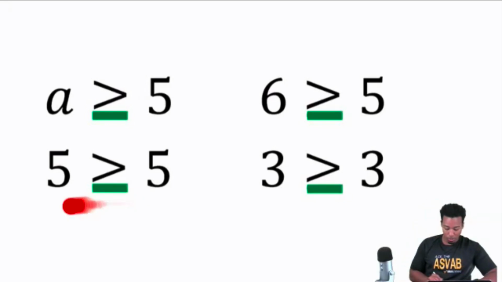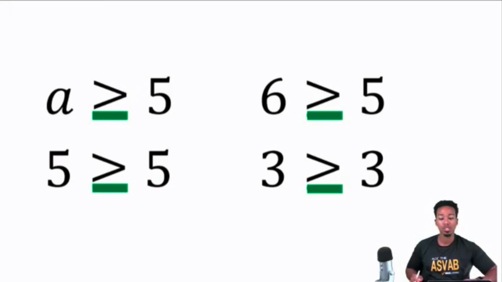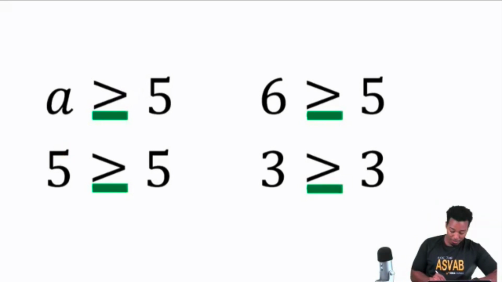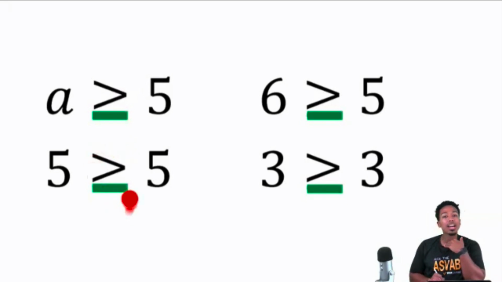So if you're looking over here, everybody, is this a true statement? 5 is greater than or equal to 5. It is. It actually is a true statement. Here's why. Although 5 is not greater than 5, 5 is equal to 5. Remember, having that underline gives you both.